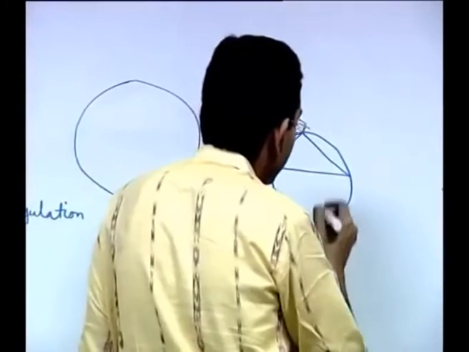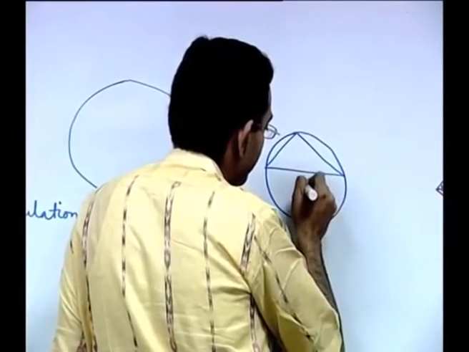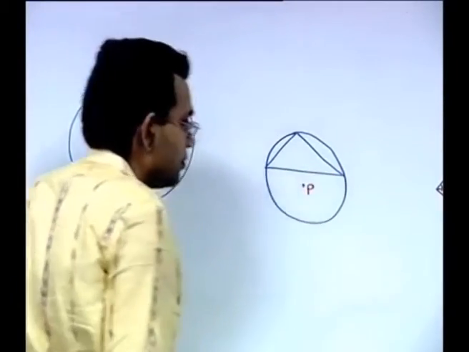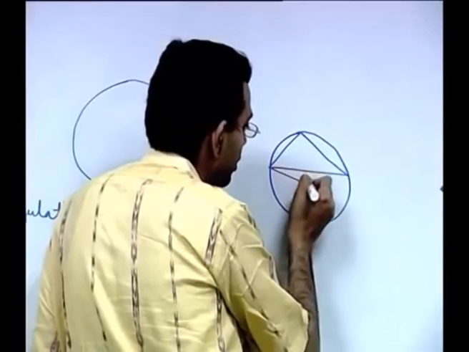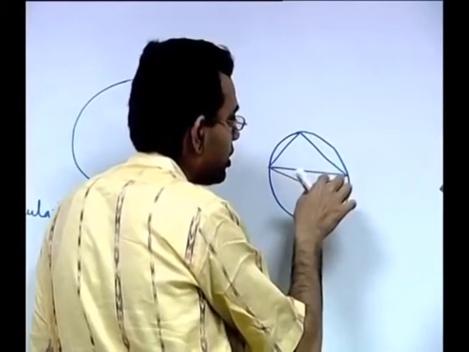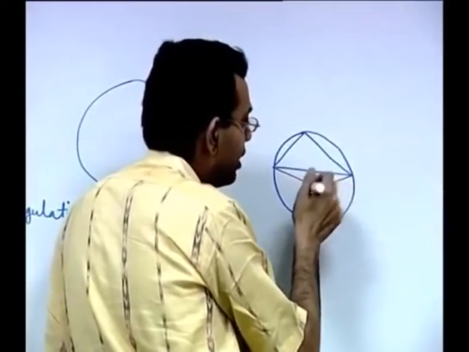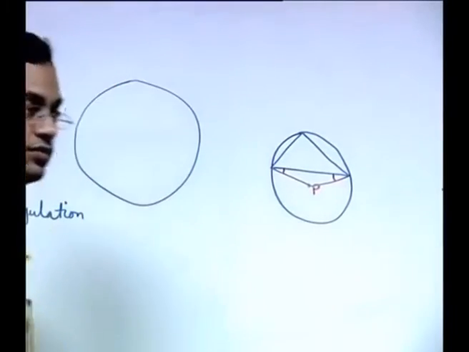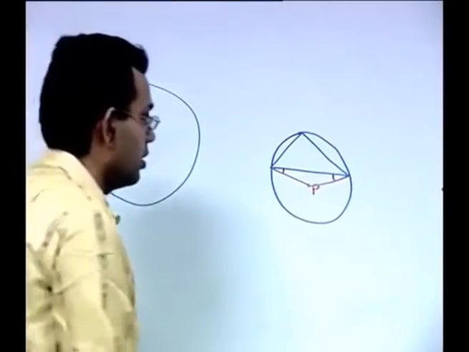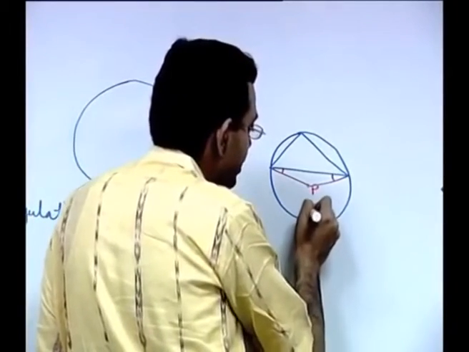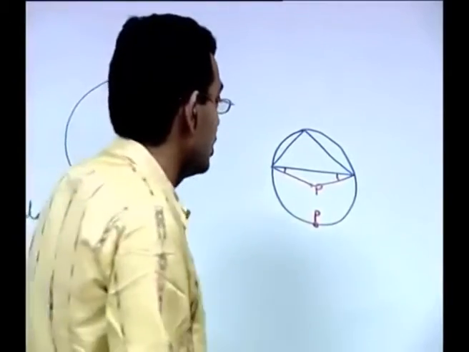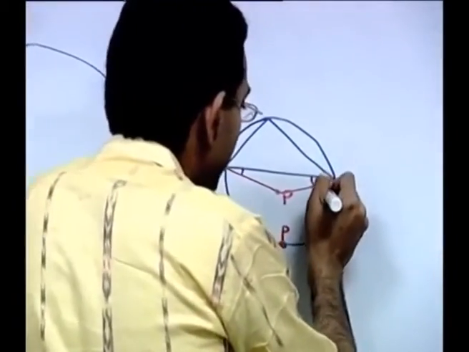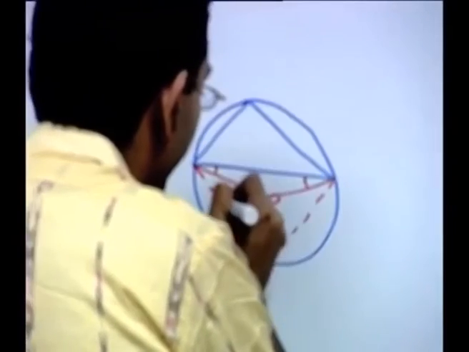Now you are inserting a point, say P here. Clearly, if P is very close to the base of the previous triangle, then you can see that the interior angles will be small. One limiting case is that P is located on the circumference of the circle. So let us consider that limiting case when P is located on the circumference of the circle.